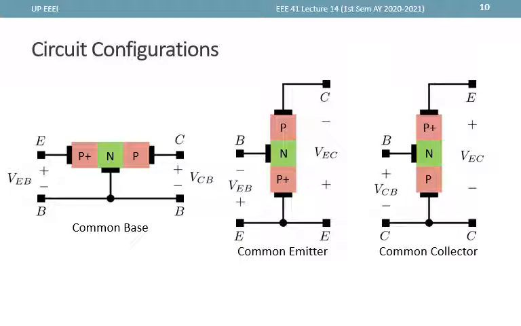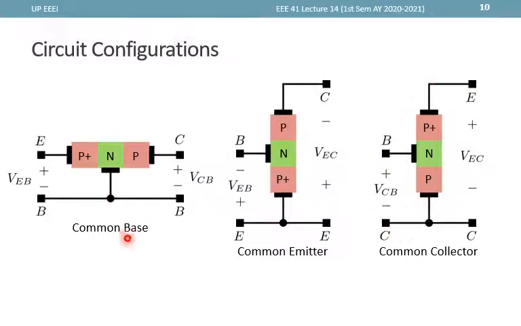These are the common circuit configurations for our BJT: the common base, the common emitter, and the common collector configurations, which you would normally encounter when using the BJT as an amplifier or an amplifying device. Note that for an amplifier, you have an input side and an output side, and that is obtained with the help of our 3 terminals here.